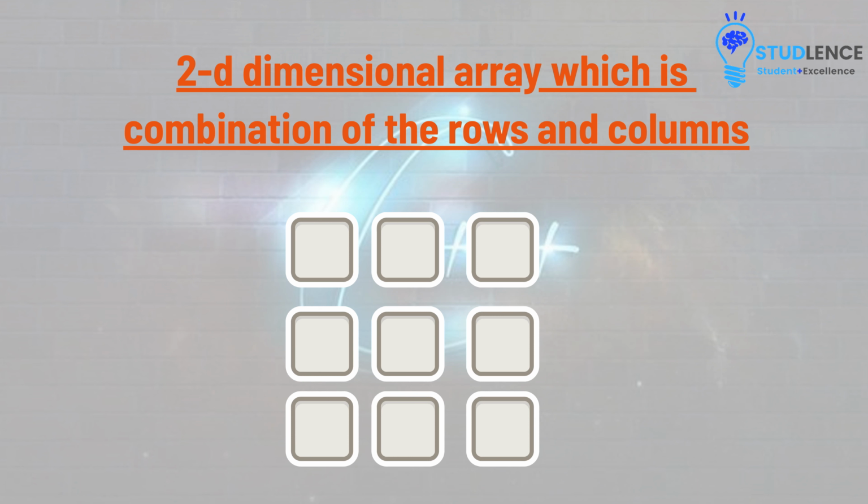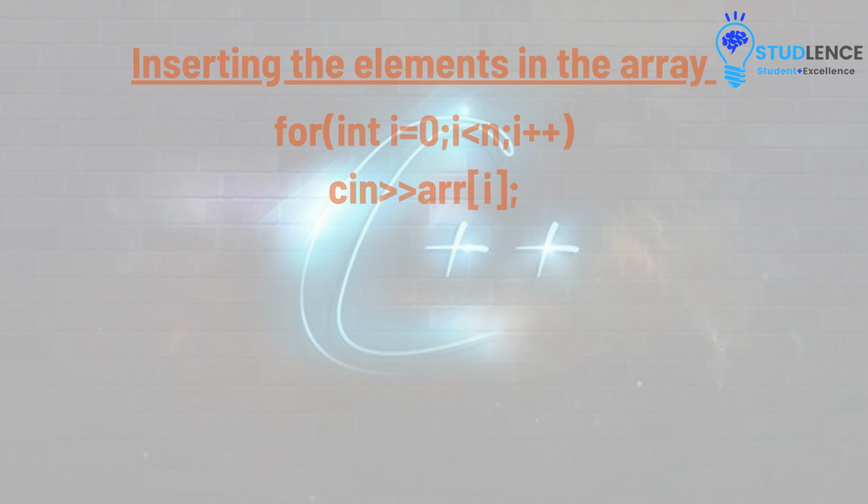Now we have seen how we can define a valid array variable in C++. Now it's time to insert elements into it. As you can see on the screen, we have defined a for loop and iterated up to the size of the array, and inserted the values in it.